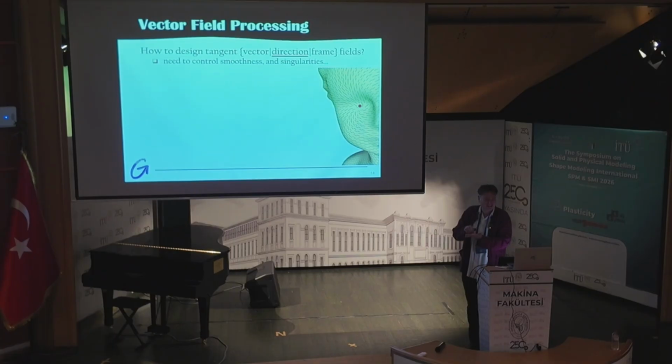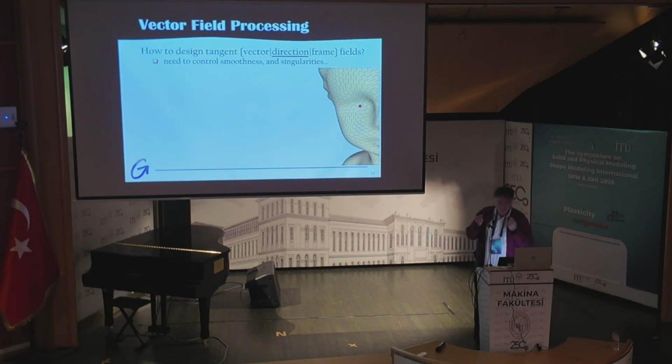For instance, a bald spot where the vector field goes to zero, or where there's a singularity, will be very visible. And the artists really want to put these singularities at particular places, sometimes hidden places, or sometimes very obvious places, so that it looks in a very particular way.